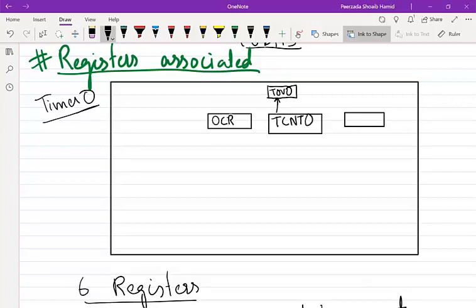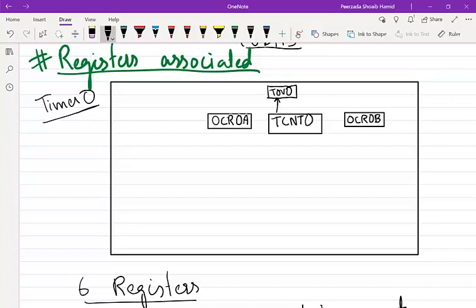OCR, output compare register. Since they are for timer 0, so OCR0, and since we have two of them, we call them OCR0A and OCR0B. Output compare register A and output compare register B.